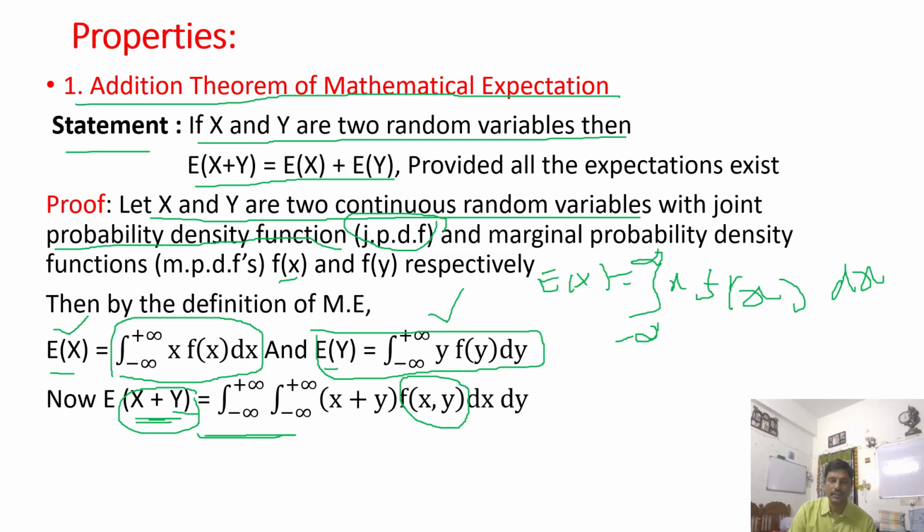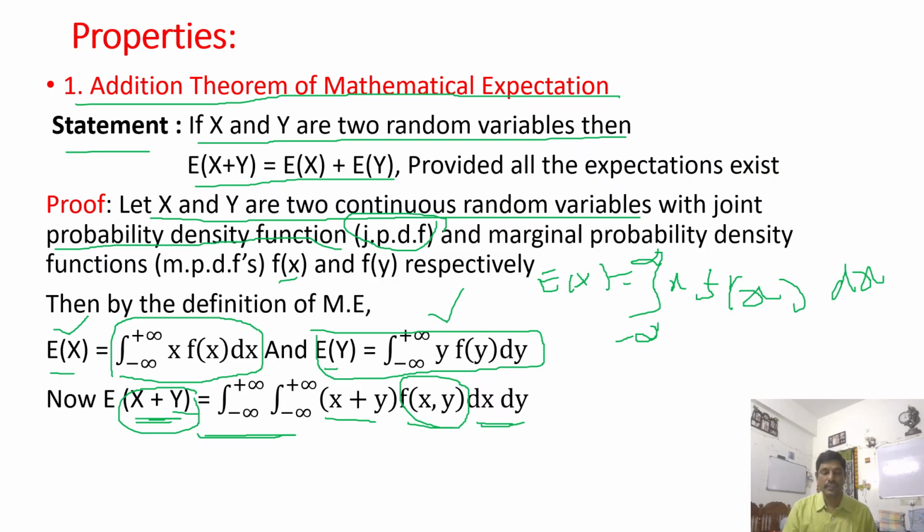In the place of x we need to take x plus y into f of x comma y into dx into dy, because here we have two variables. Here f of x comma y is the joint probability density function, and we do double integration from minus infinity to infinity with respect to x and y. Is it clear, all of you?